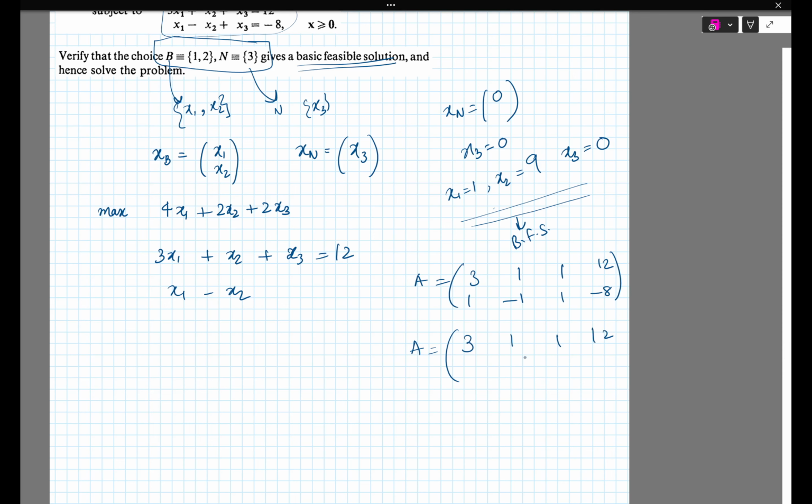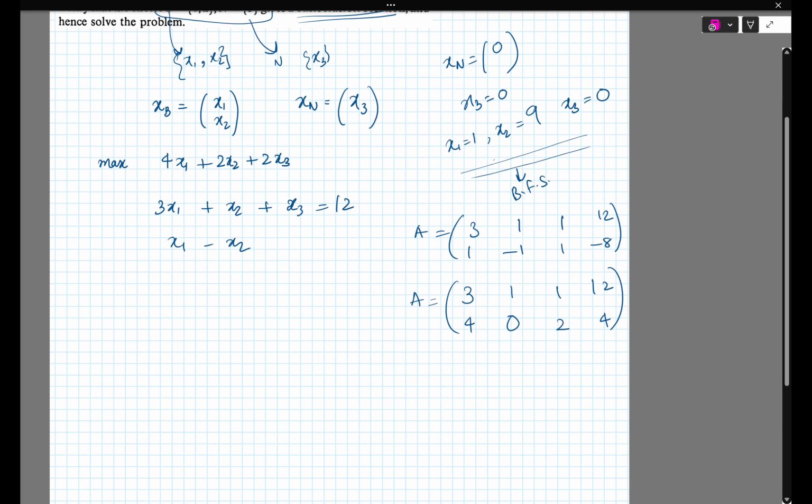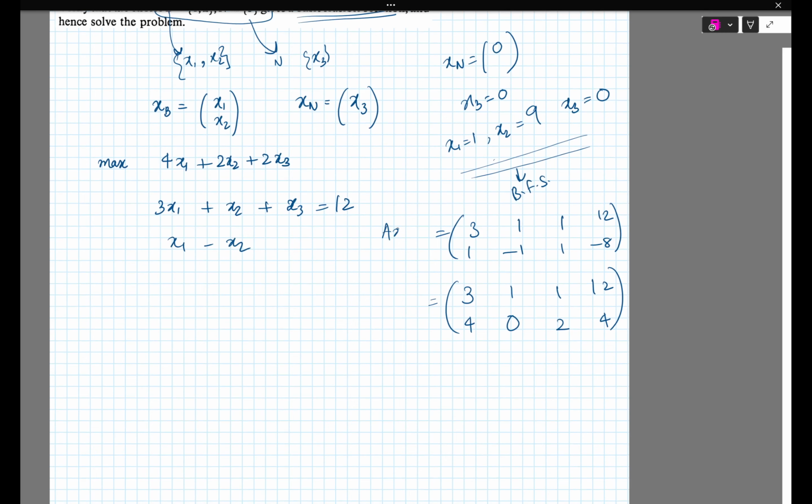So we can do this: 4 0 2. I'll do R1 equal to R1 minus 3/4 R2.